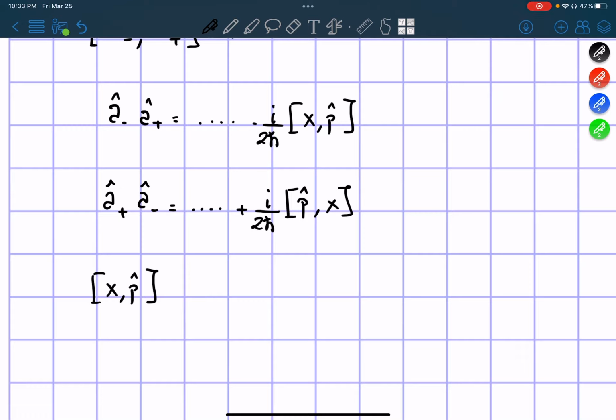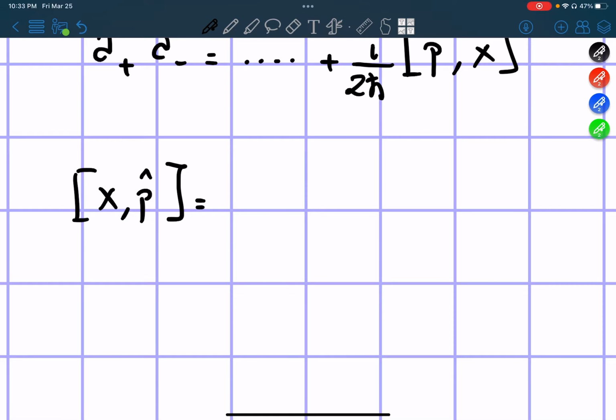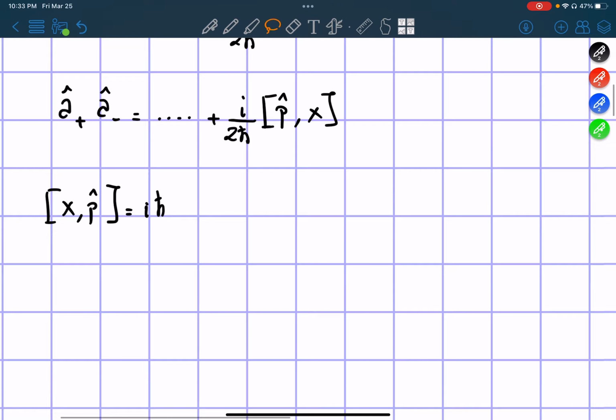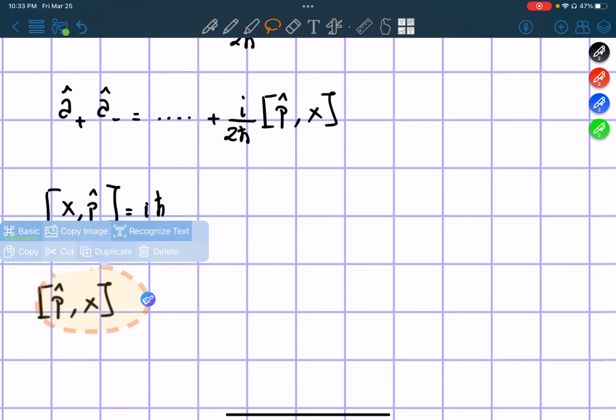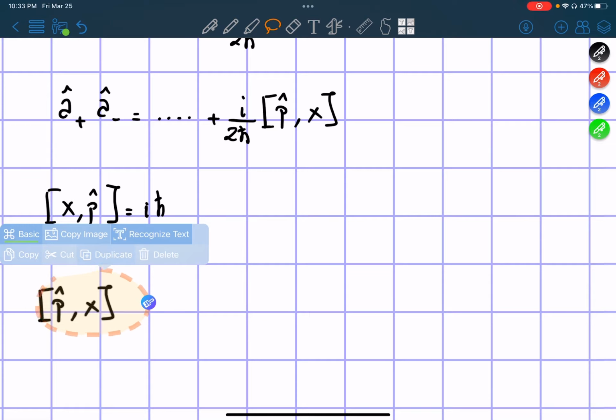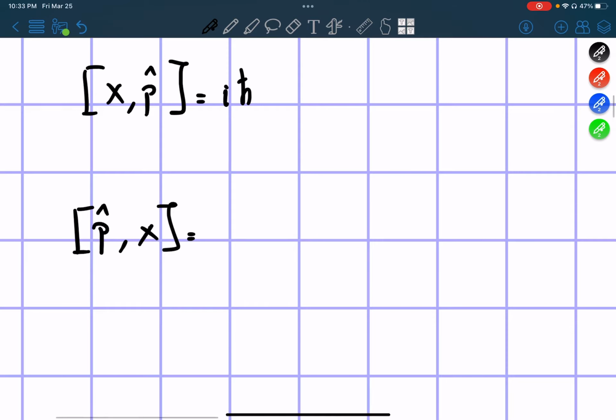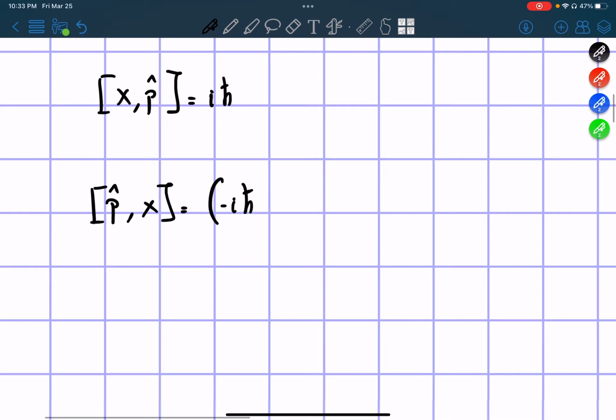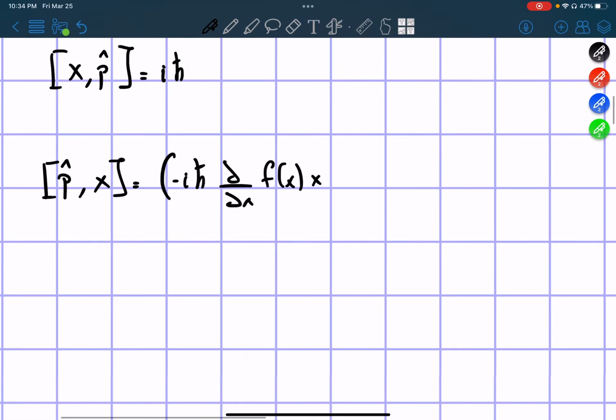We actually have solved in the book, and we know it's equal to i h bar. Actually, I just wrote them, and then we know that this other part is going to be equal to, well, I know what it's equal to, but let's prove it. So we're going to have negative i h bar times the derivative in terms of x of our function f of x, times x, minus x times negative i h bar times the derivative in terms of x of f of x.